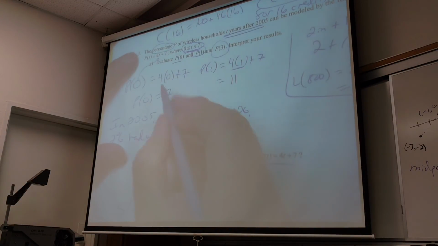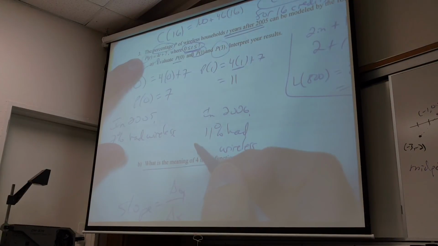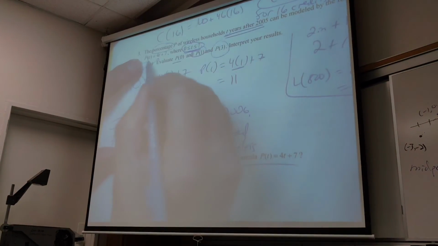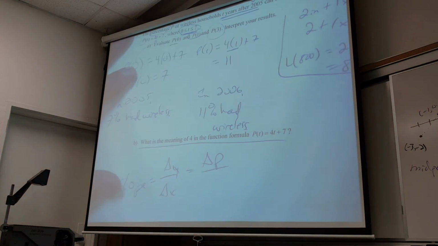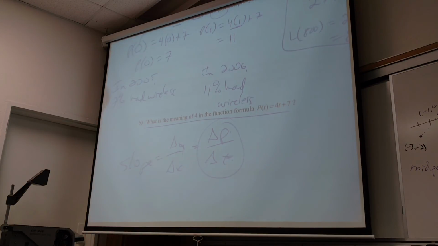P of t, P is acting like y. Is that right? Normally, what would be here? y equals 4x. So P is, so this is the change in percentage, and what's acting like x? T, over the change in time. It's how much the percentage changes over time. 4. Do you guys see that? If you write the slope's units out, you can interpret what it means.